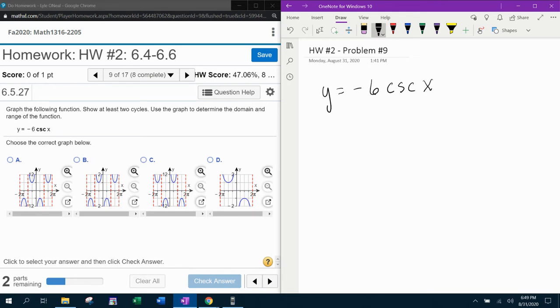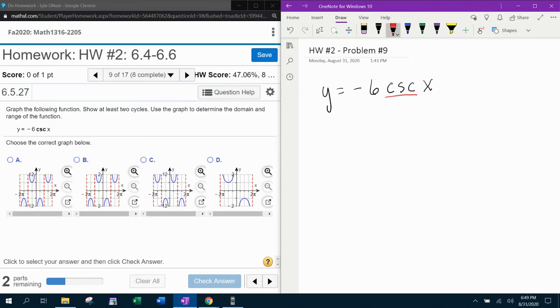The first thing I want to say is that to graph a secant or a cosecant means that you're going to follow the 6-step method for graphing a sine or cosine. And at the very last step, things change. But to graph a secant or cosecant follows the exact same first 5 steps as graphing a sine or cosine.